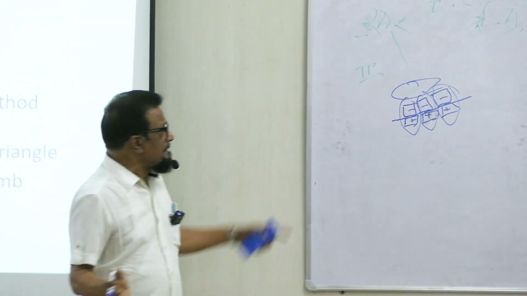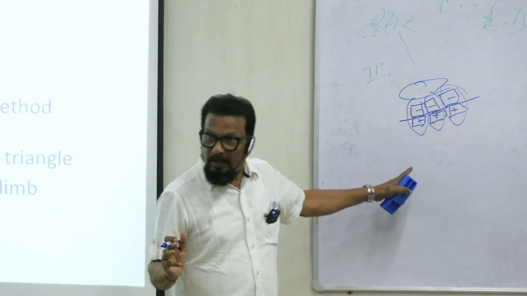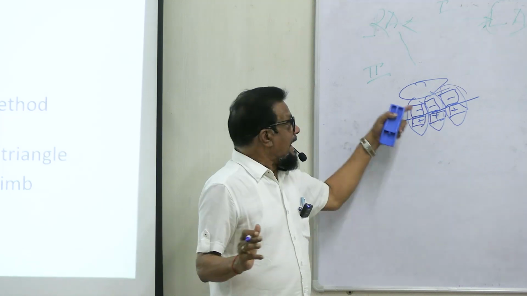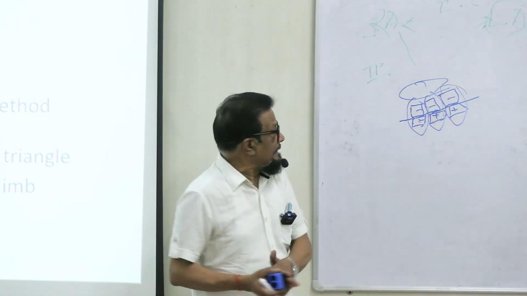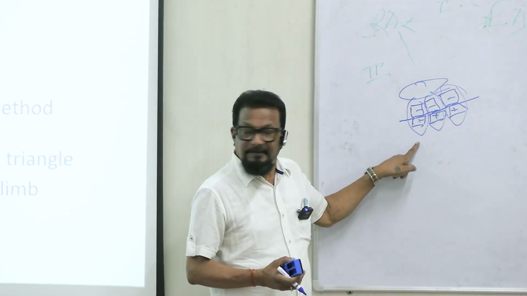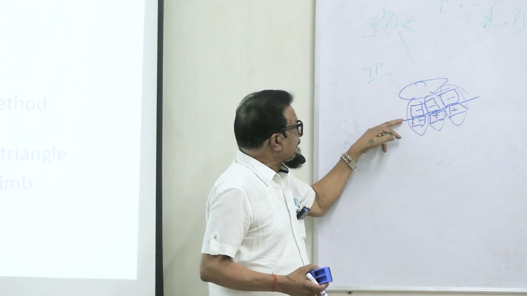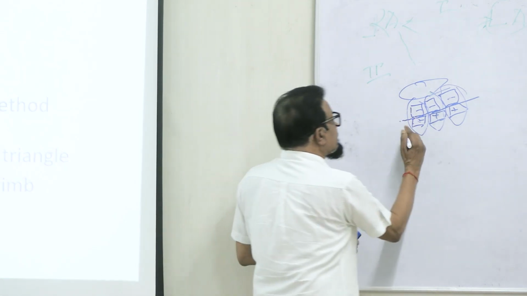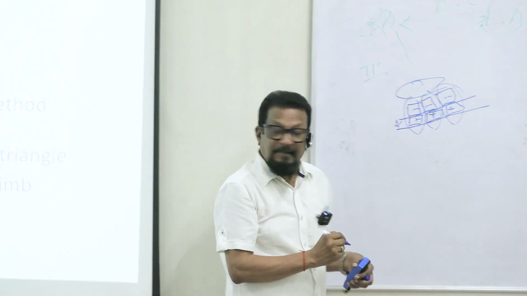At the other side, it is positive, yet to be depolarized. These cells are polarized, and these cells are depolarized. Now, in the very next moment, what will happen? They will depolarize it. Now this activation front will come here, so it will move here.